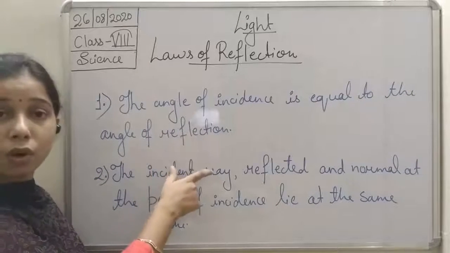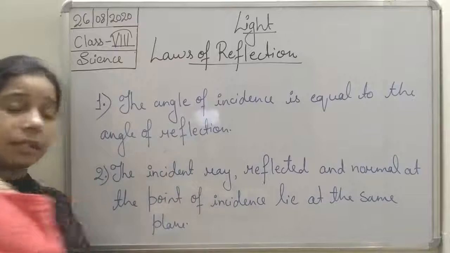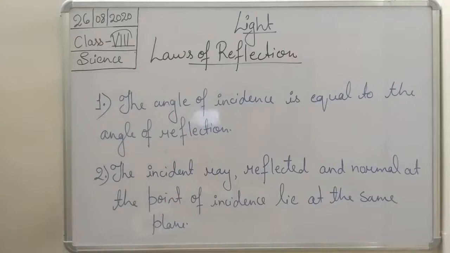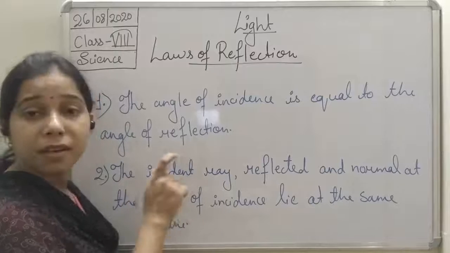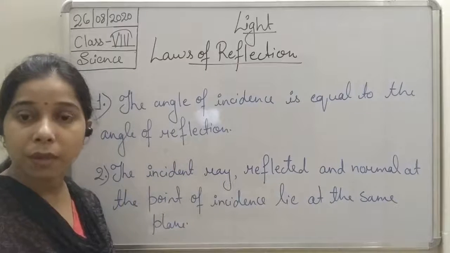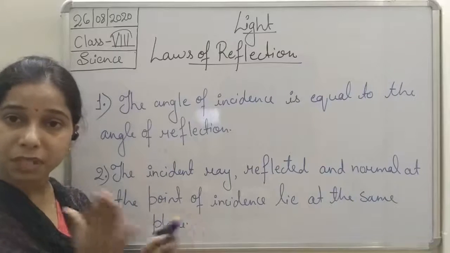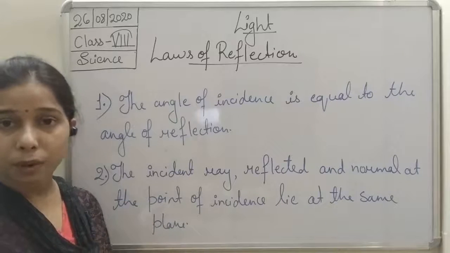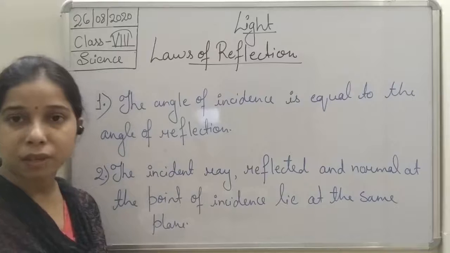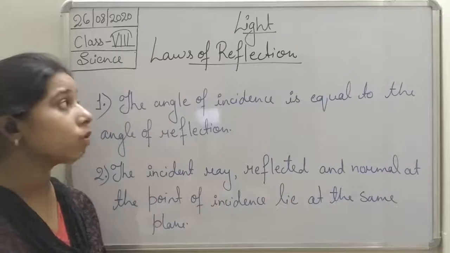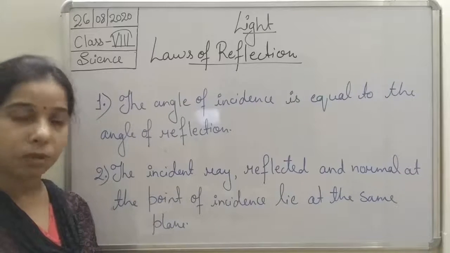So this is the first law: the angle of incidence is equal to the angle of reflection. The second states that the incident ray, reflected ray and the normal at the point of incidence lie in the same plane. These are the two laws of reflection, and it is very important to learn both.